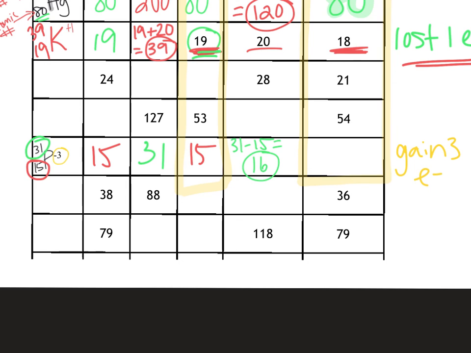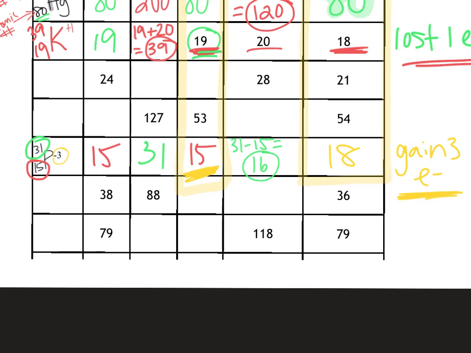So I have 15 protons. Now that -3 charge is saying that I need to gain 3. So in other words, what is 15 plus 3? You should put 18. Okay? So negative charges, you gain electrons. Positive charges, you lose electrons.